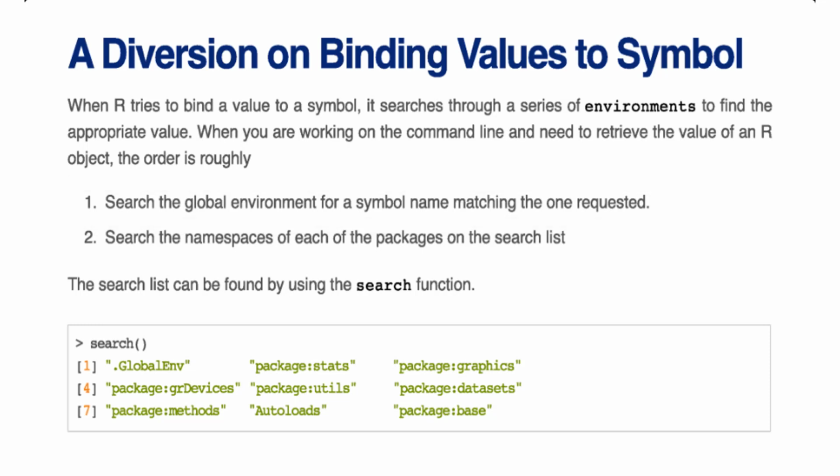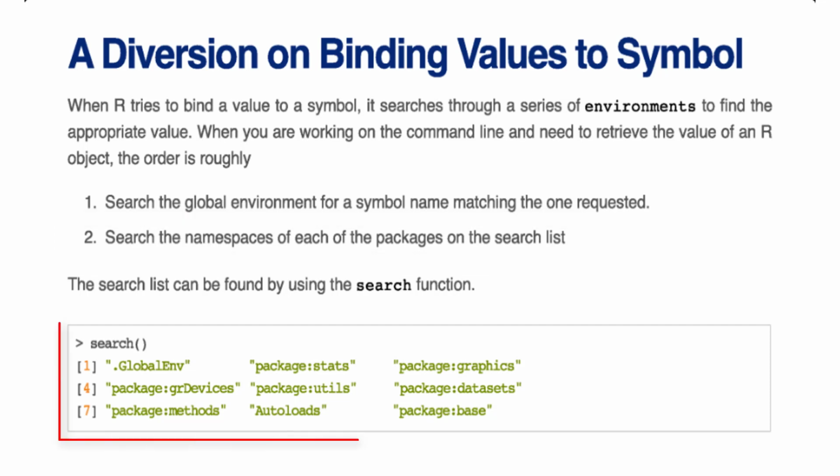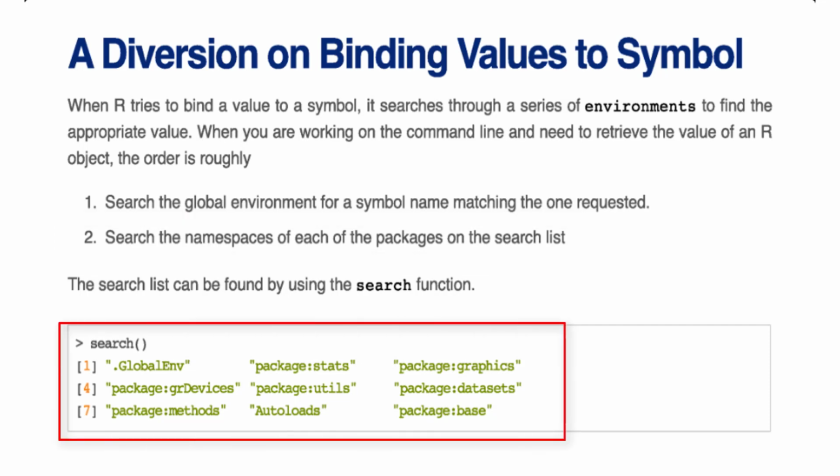If there's no match in the global environment, then R will search the namespaces of each of the packages on the search list. If you look at this little demo, the search list consists of all the R packages that are currently loaded into R. There's an order to the search list, and it starts at the first element, which is the global environment. That's number 1 on the search list and always will be.